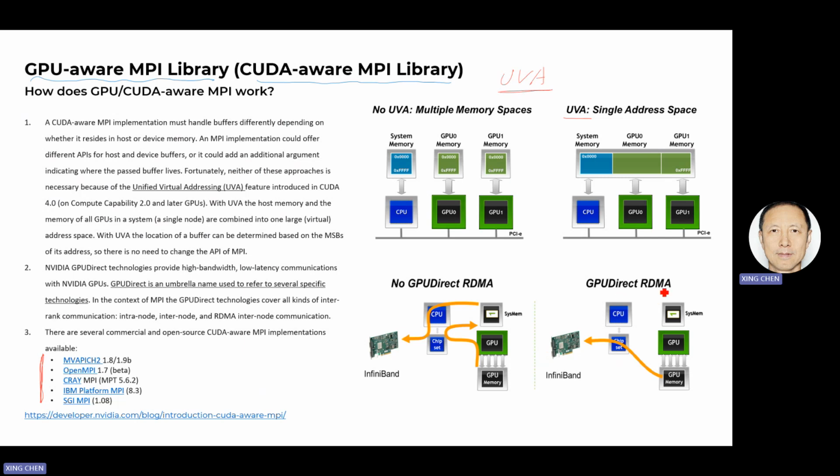And GPU Direct RDMA means that the adapter can access the GPU memory directly, bypassing the CPU. So these two features make the implementation of the GPU-aware MPI library easier. And in this case, the MPI communication is going to happen for the request of sending and receiving data.